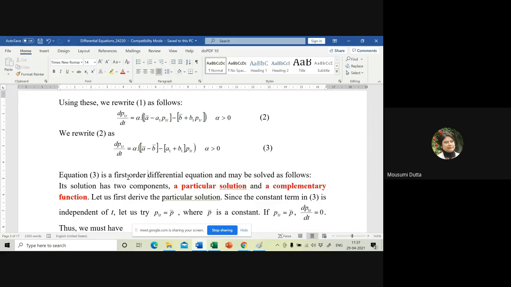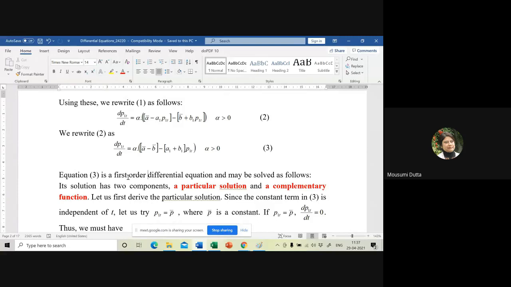Here we will not consider p t plus 1 minus p t. Rather, we will consider dp by dt. So change we will not indicate algebraically; rather, we will indicate the change using calculus.